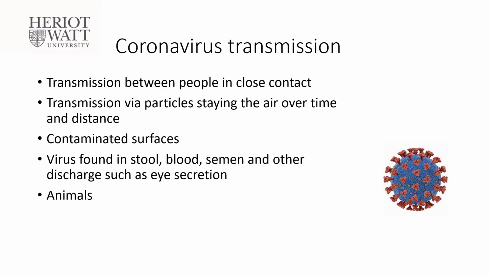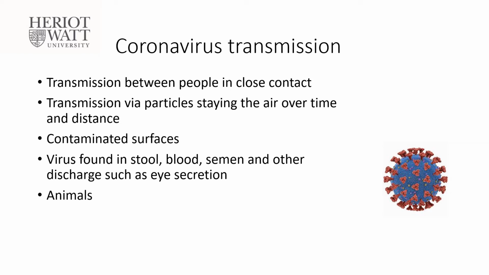So we already knew that transmission is between people in close contact. Now, how close? We will find out. The other is transmission by particles staying in the air over time and over distance. And how long, how much, is another issue, uncertain.